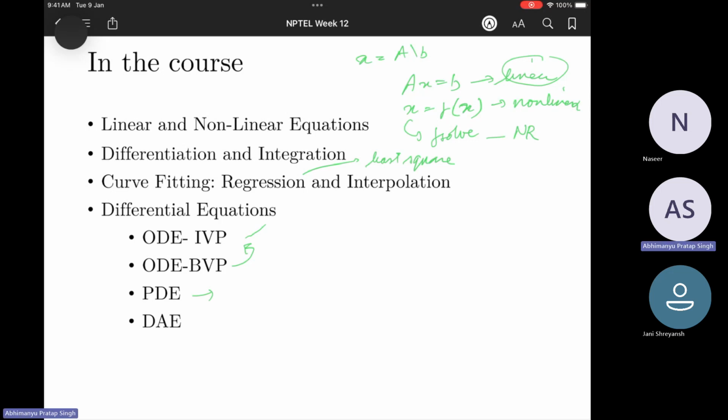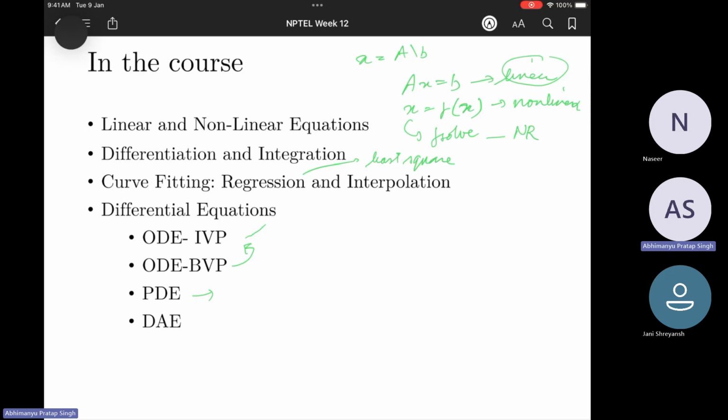In these topics, if any of you has any doubt, then we can discuss this. Otherwise, we can go through some of the problems where we are using one or two or more than two of these methods combined. Is there any doubt in these topics, least square, interpolation, regression?